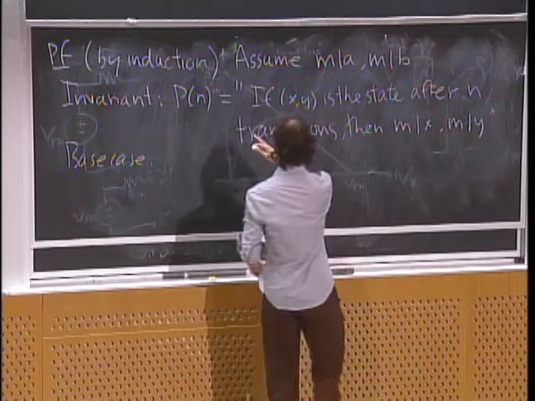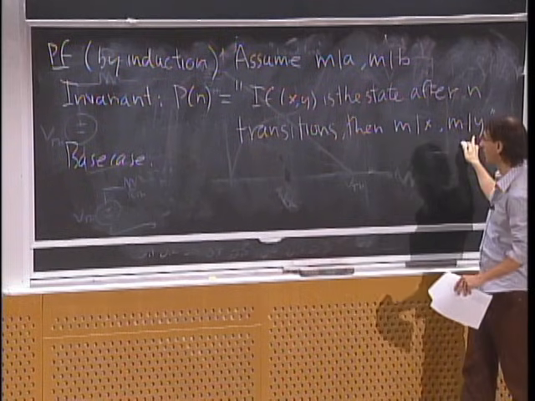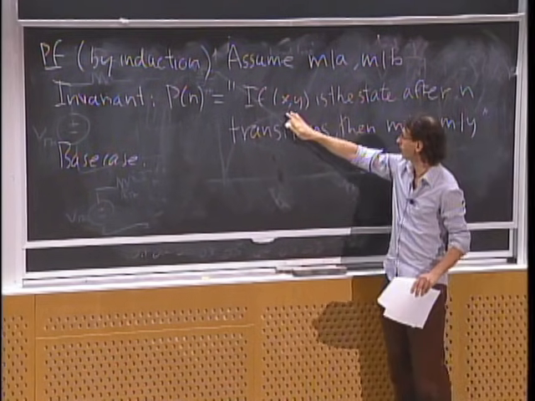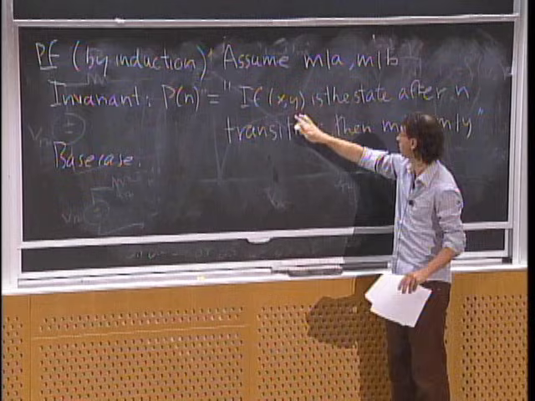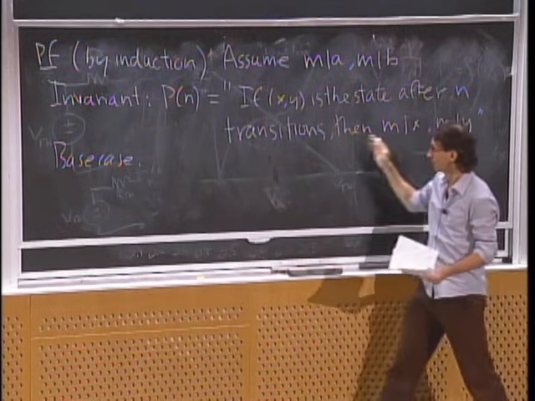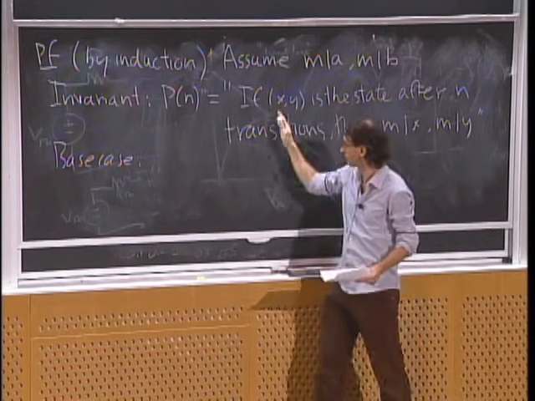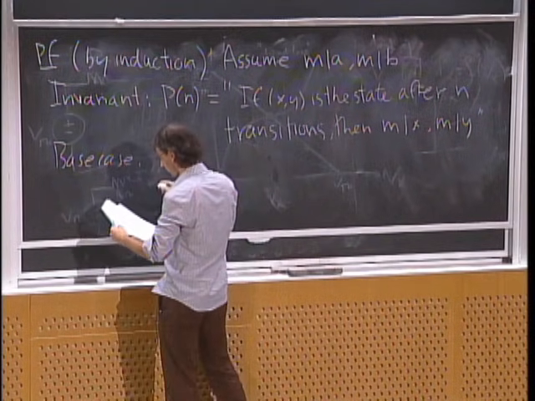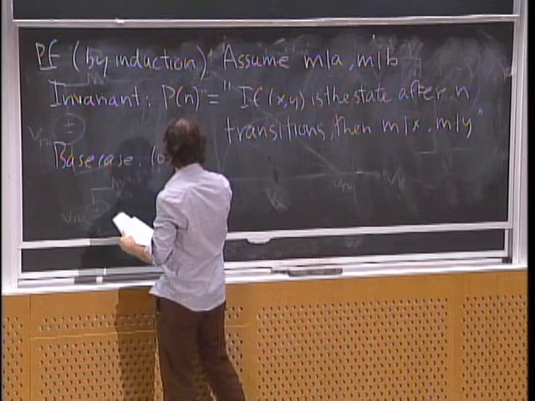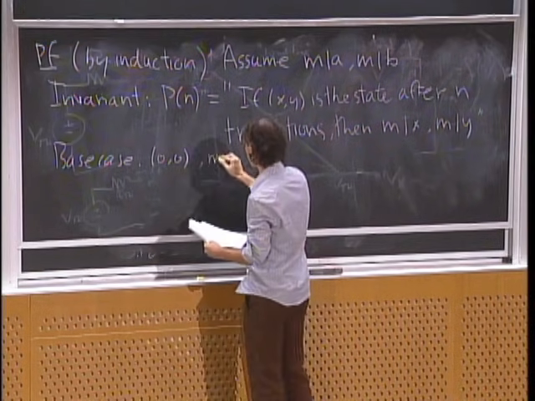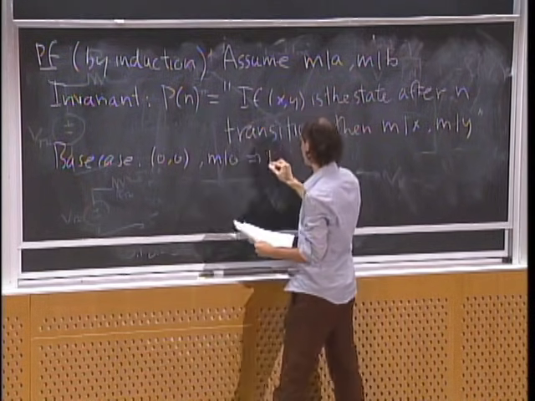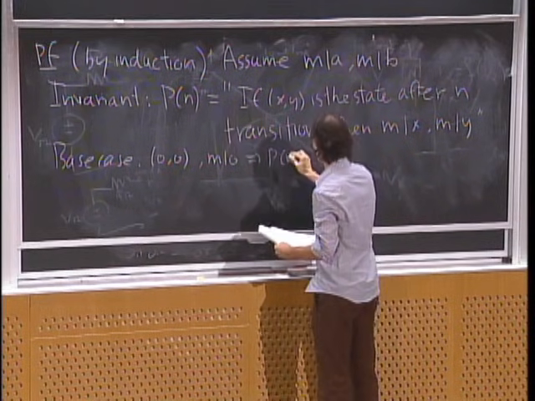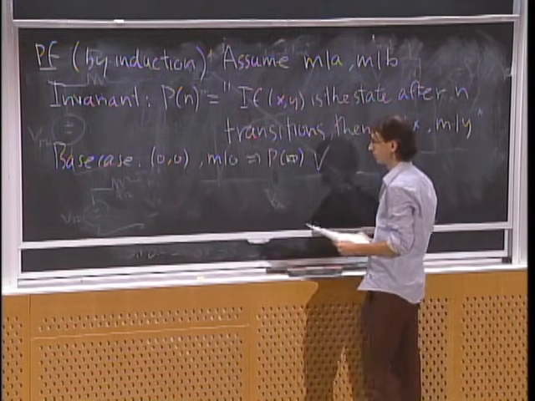So in particular M divides 0 and 0. So the very initial state, 0, 0, is indeed complying to this particular invariant. So let's write it out. We have the initial state 0, 0. We know that M divides 0. And therefore, we know that P0 is true.